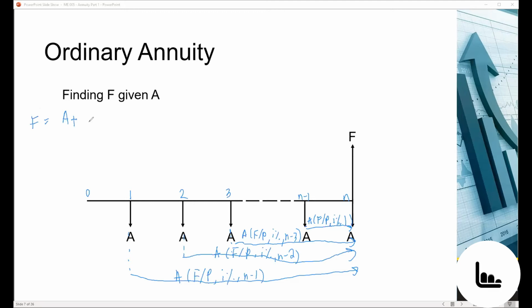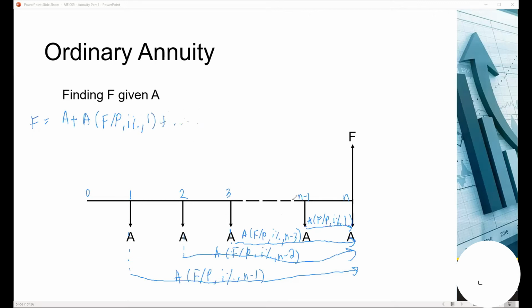Plus, ito, yung A sa n-1, A, F given P, interest rate, then 1.